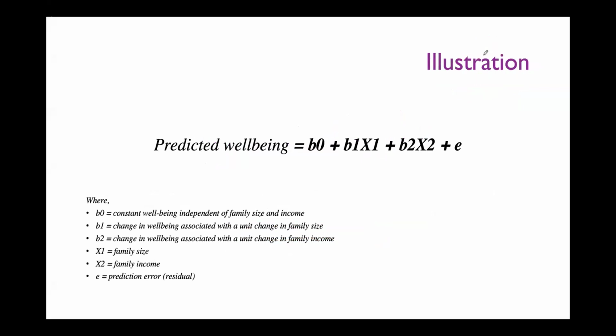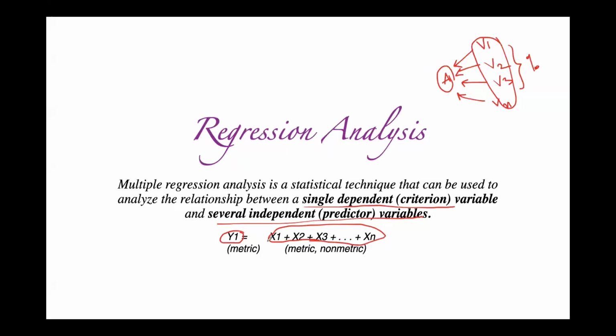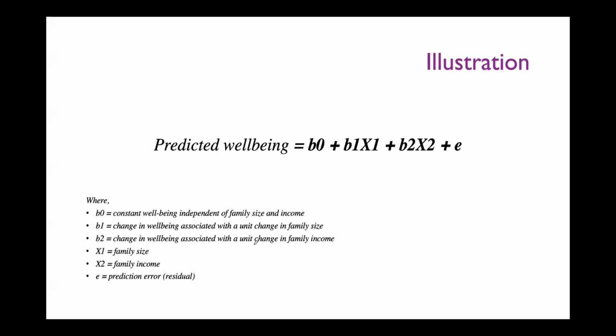So with this, let us go and define this. x1, x2, x3, xn are nothing but v1, v2, v3, vn, which I have said here. And y1, that is a dependent variable, is nothing but what I have demonstrated here as A. Now, how does a regression equation look like?